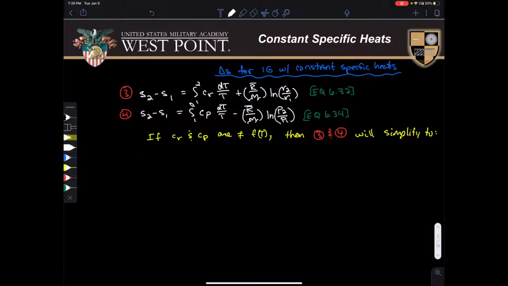And that is our entropy at state 2 minus our entropy at state 1, which is equal to our specific heat at constant volume times the natural log of our temperature at state 2 divided by temperature at 1, plus our last term on the right-hand side of equation 6.32.